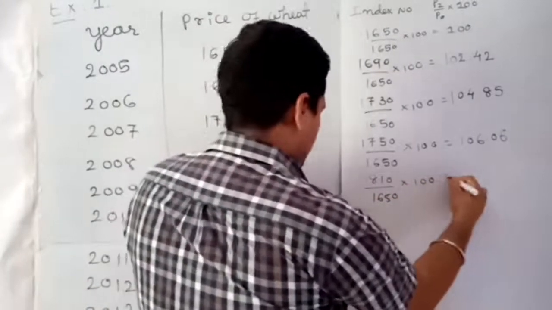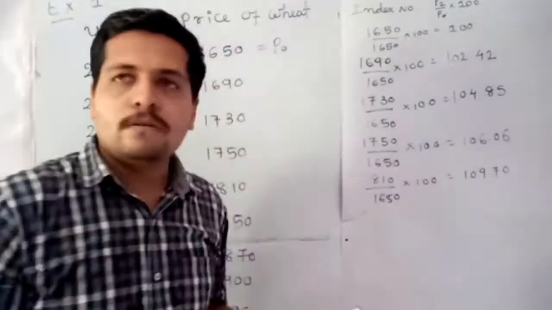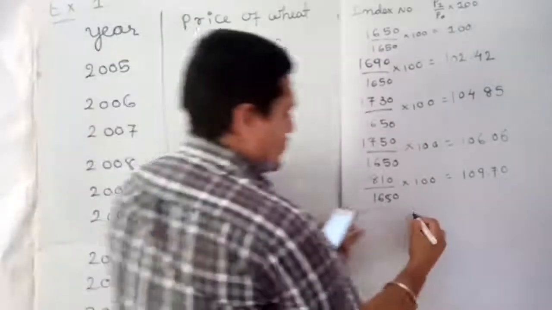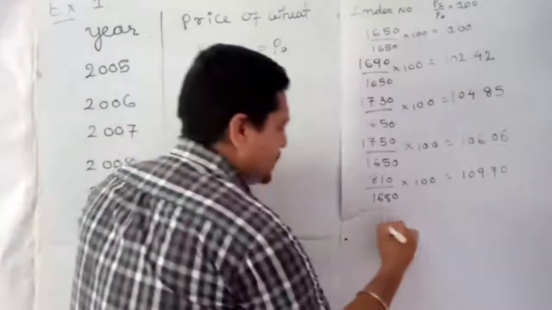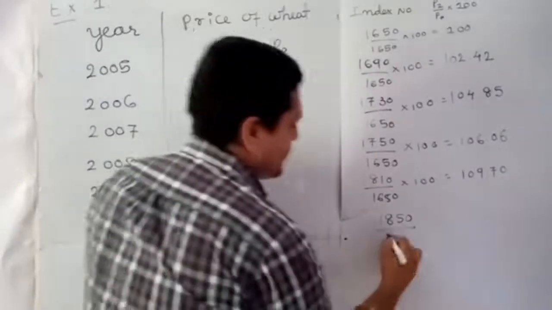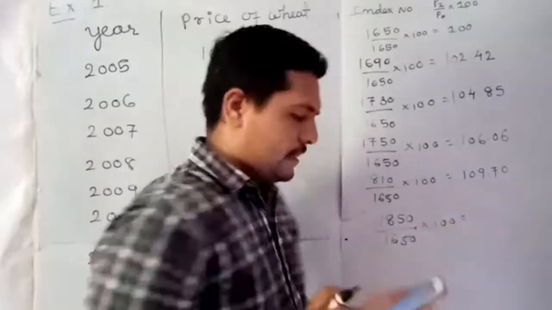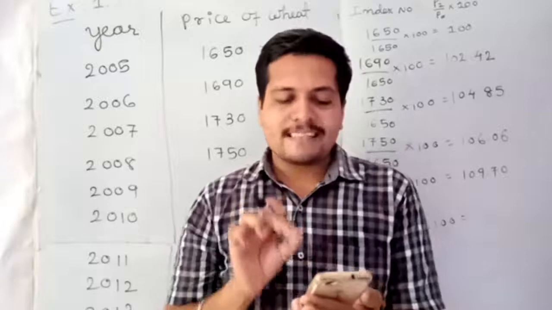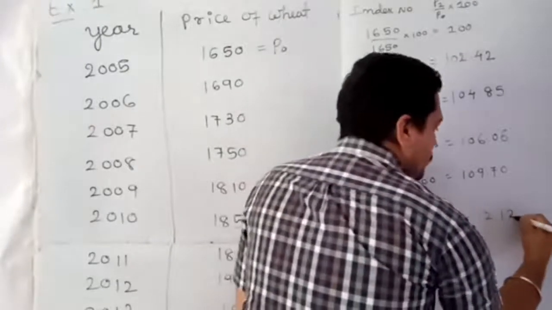So we get the answer 109.70. By the same method for 2010, the ratio is 1850 divided by 1650 into 100, and in the calculator we have the answer 112.12.